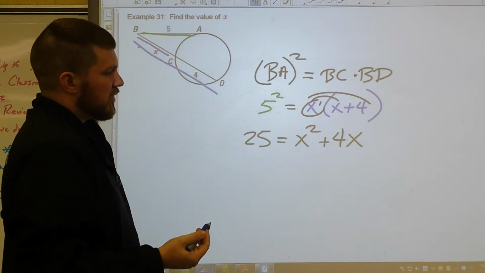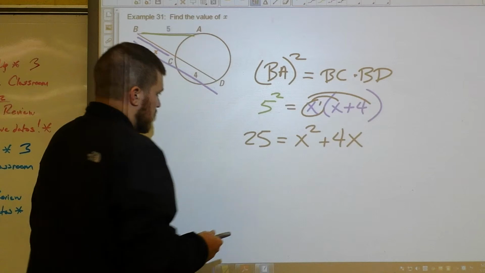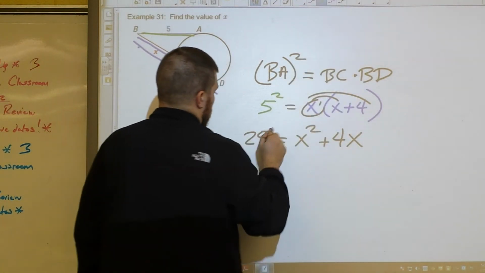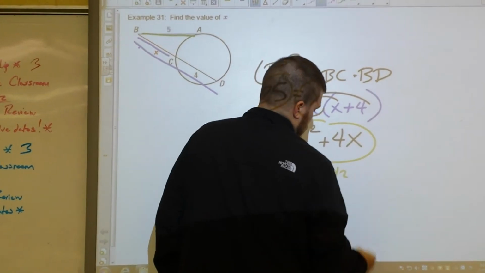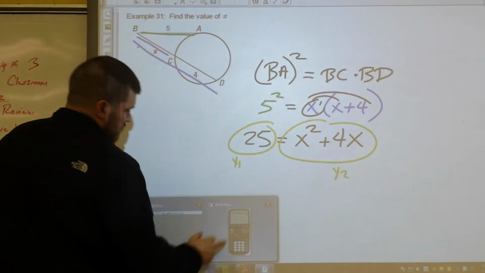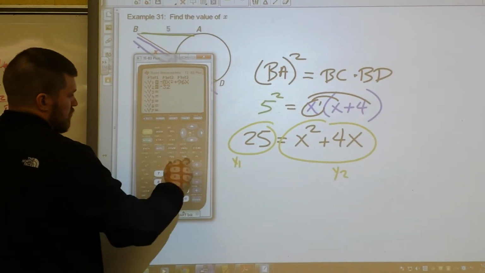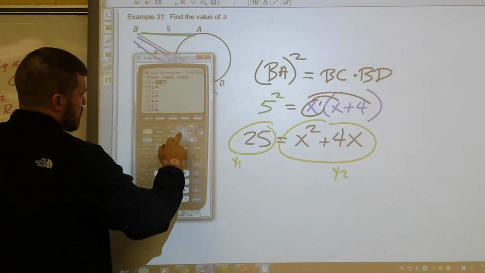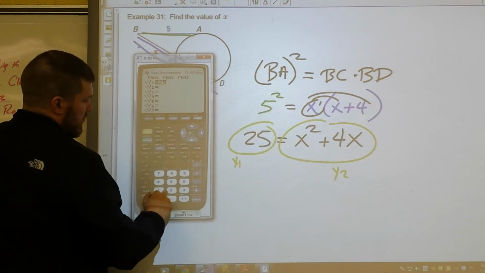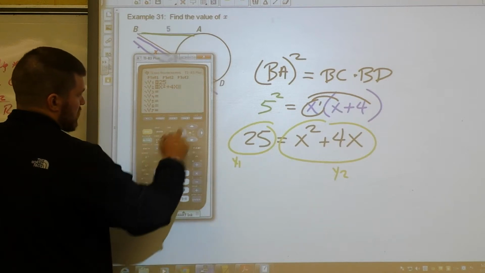I can solve this by hand, but I'm going to solve it by graphing because we haven't done that in a while. What I'm going to do is say left side y1, right side y2. So I have 25 equals x squared plus 4x. Graph it.